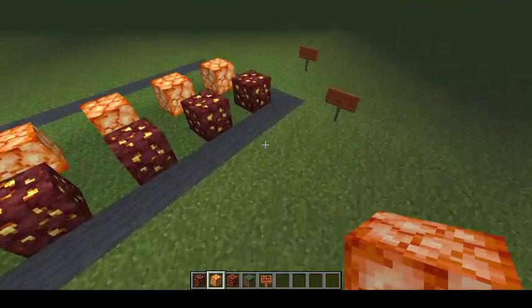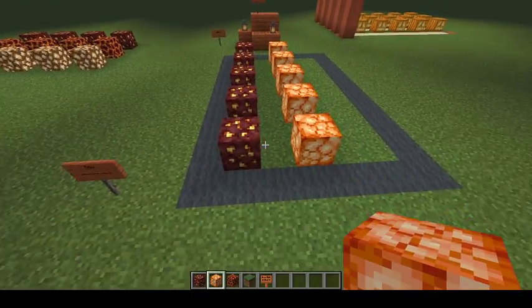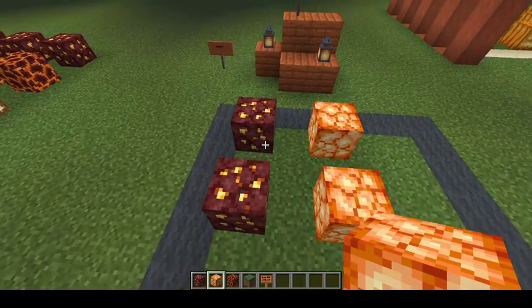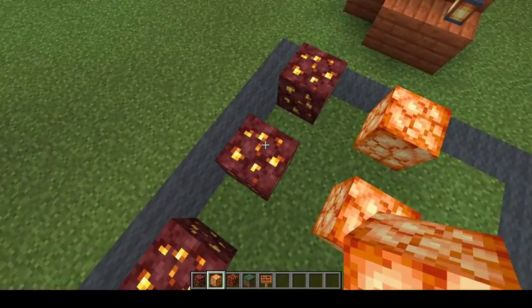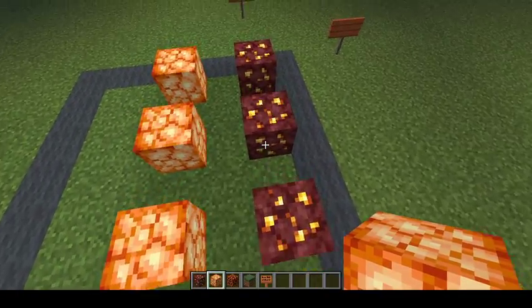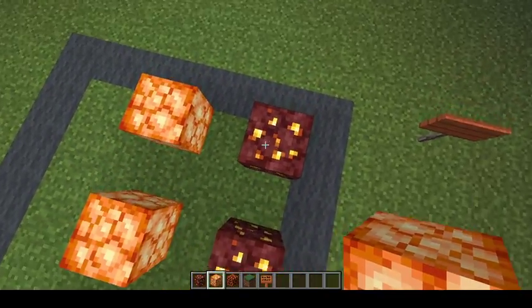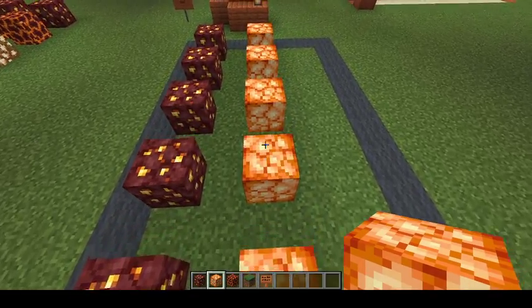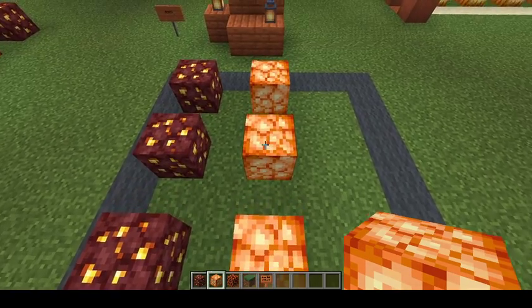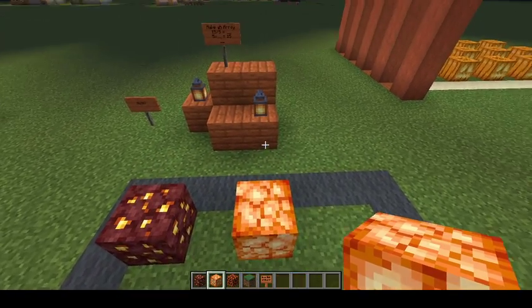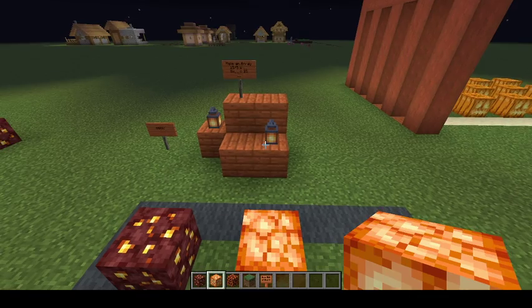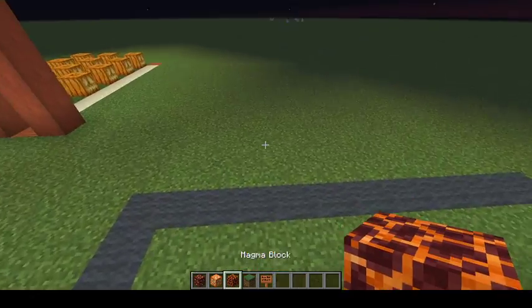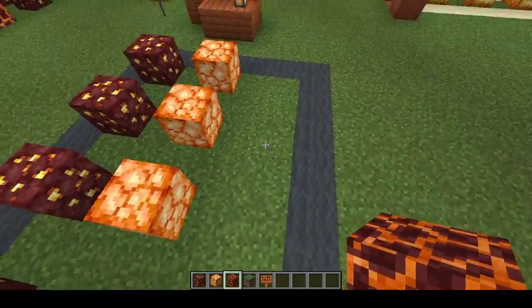So now, since we know there was only 10, let's count them again. 1, 2, 3, 4, 5, 6, 7, 8, 9, 10. And we need 15. So we're going to make another column, and we'll use the magnet block for that.